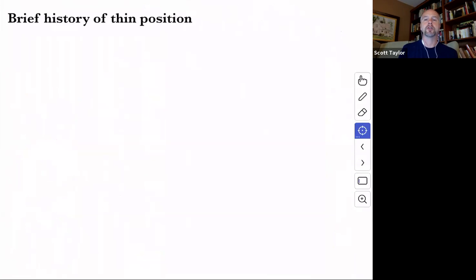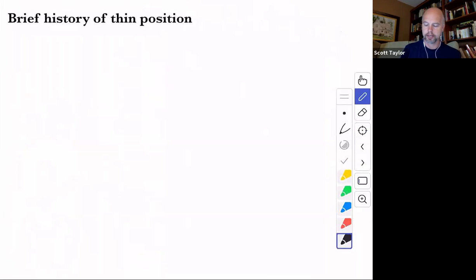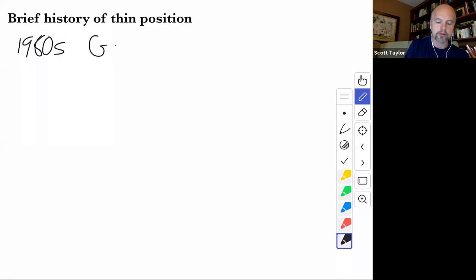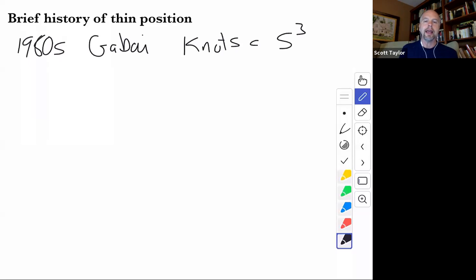Okay, so what's the intellectual history here? I'm just going to give the briefest of outlines. In the 1980s, Gabai introduced thin position, kind of what I've just shown you there, for knots in S3. And he did not use net extent, he used something called width, and was interested in the minimum of width.